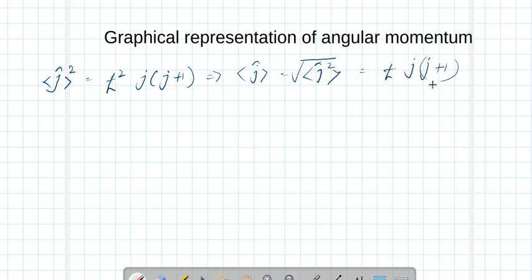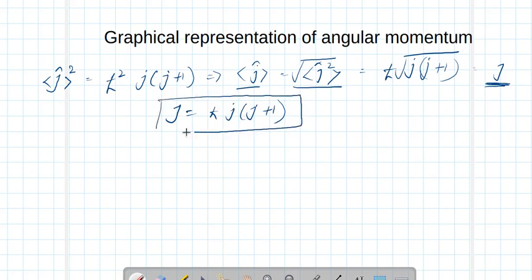Sometimes we may simply call it j. So the value of j will be h cross root of j into j plus 1. That's what we have to keep in mind.